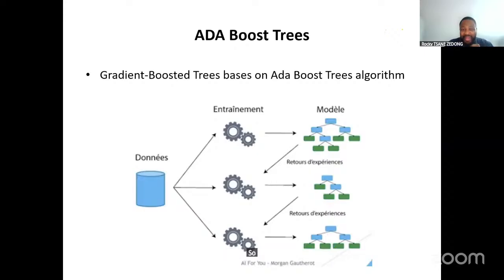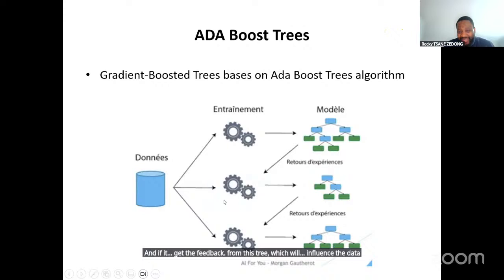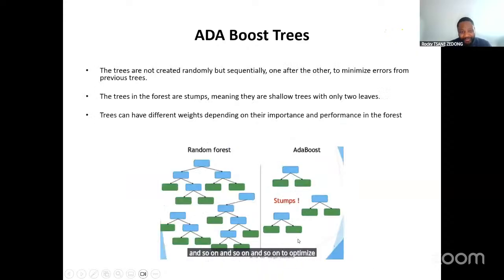So, Adaboost is an algorithm which bases on the first tree and gets the feedback from this tree, which will influence the data, the training sets, and so on and so on to optimize the model.